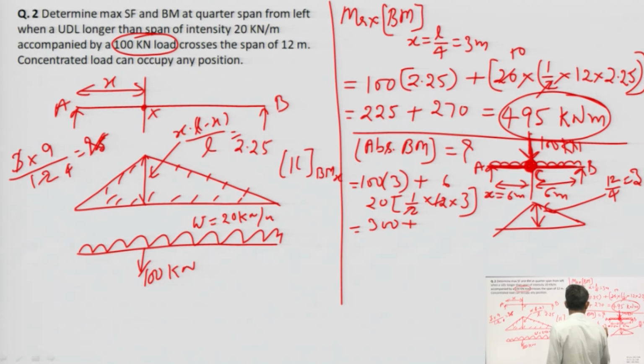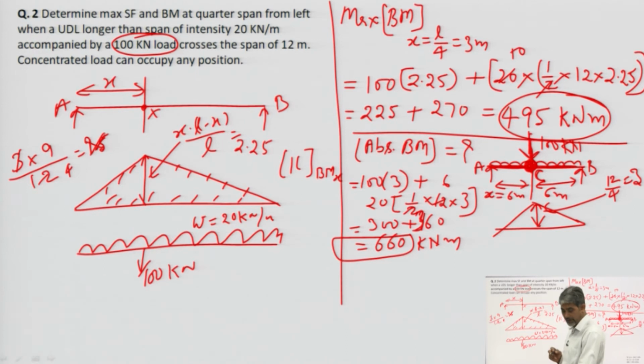Just wait, 20 into 12 into 3 divided by 2, it is 360. So, total value 660 kilonewton meter. This is the absolute bending moment.